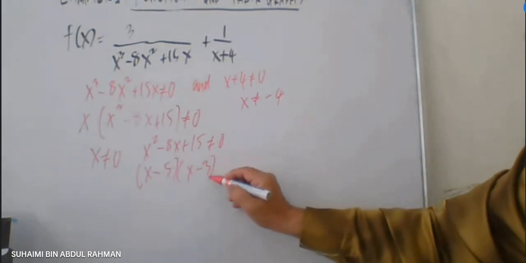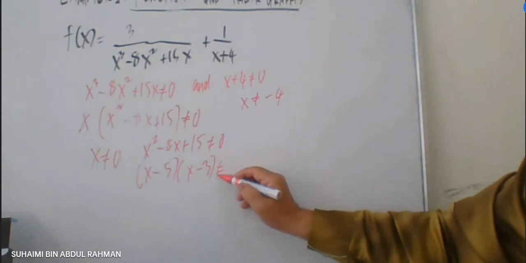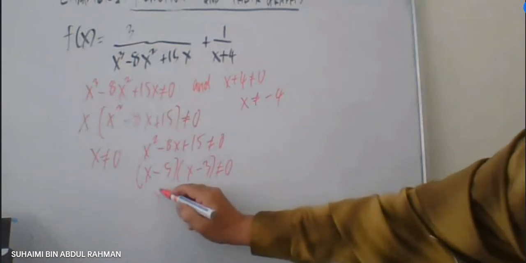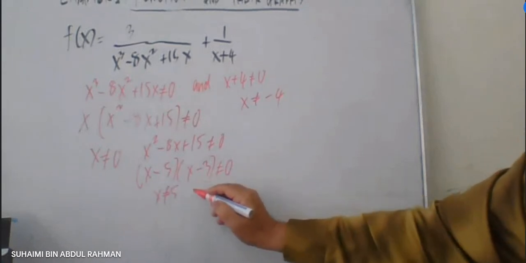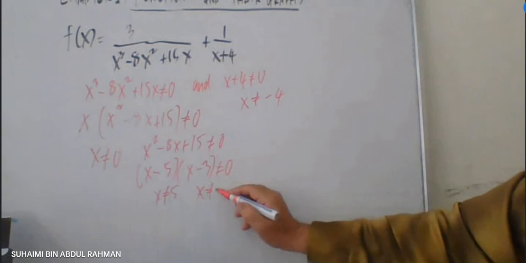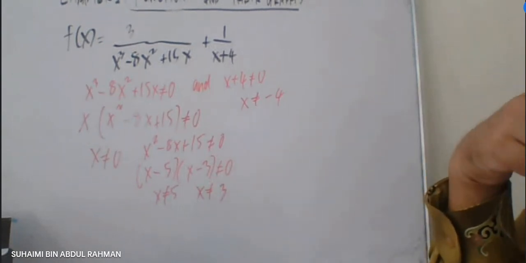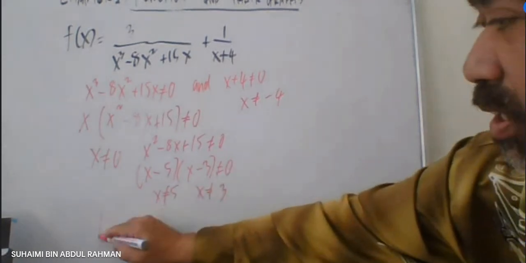So x minus 5 and x minus 3, therefore x not equal to 5, x not equal to 3. Right.